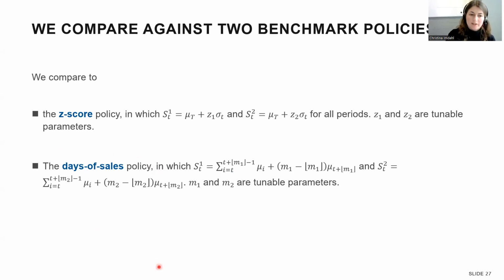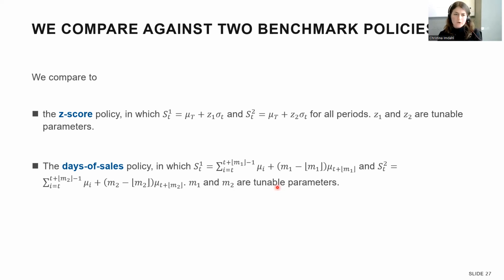And then we compare to the days of sales policy, which is also typically employed in companies to take the non-stationarity of data into account. With the days of sales policy, the higher base stock level is set to look M1 days ahead. So we use the forecast of the next M days, and that is our base stock level. The same we do for the lower base stock level, and M2 is smaller than M1, and both of them are tunable parameters.